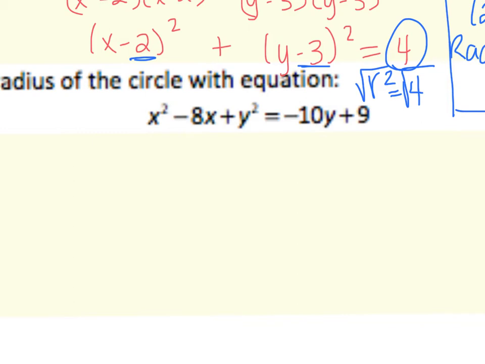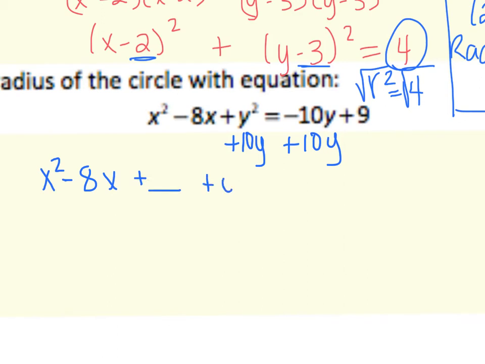Okay, like I was saying, I want to add 10y because I want to get variables on one side and numbers on the other. So I have x squared minus 8x plus something plus y squared plus 10y plus something, equals 9 plus something plus something.